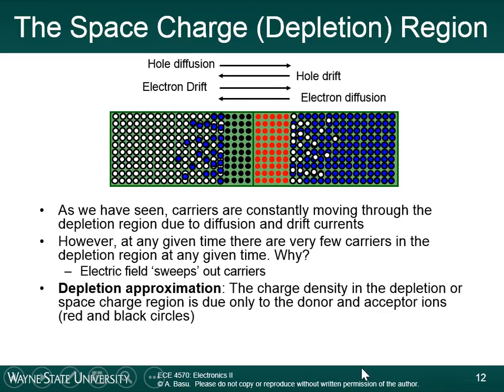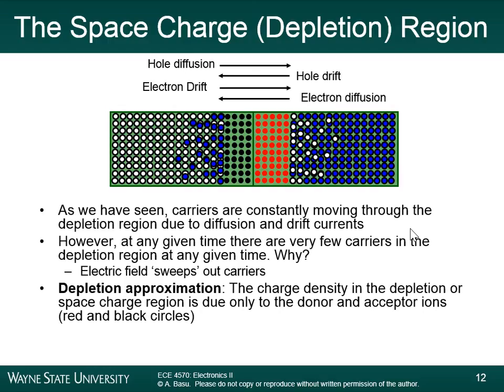At any given time, there are very few carriers in the depletion region. The reason why is because you have this very strong electric field. Carriers are diffusing, and they exist in this region, electrons and holes. You have electrons and holes in this region too. But one of the reasons it's called the depletion region is because it's depleted of mobile carriers.